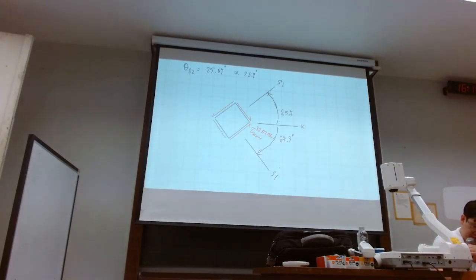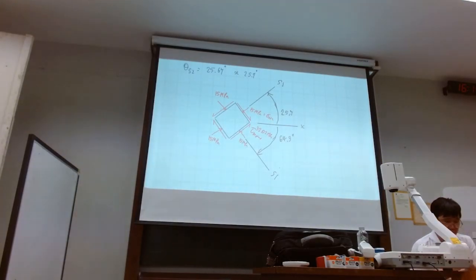This would have to be drawn in the picture. And we have minus 15 MPa, so this is 15 MPa, and that's your sigma average on all surfaces. 15 MPa.